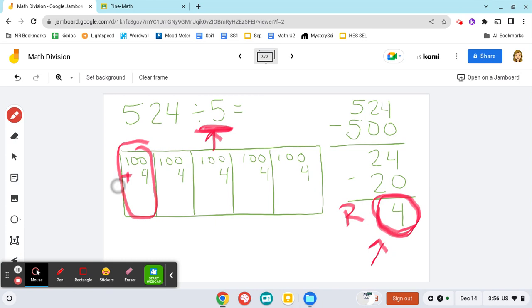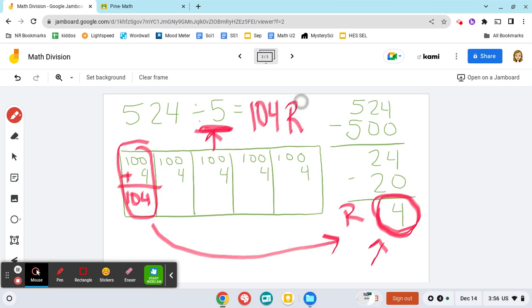So now we have to add up our box. 100 plus 4 is going to be 104. But that's not our final answer. We cannot forget about our remainder. So our answer is actually 104 remainder 4. So sometimes you do have a leftover, and you only have a leftover if when you are done subtracting, that number is less than your divisor.